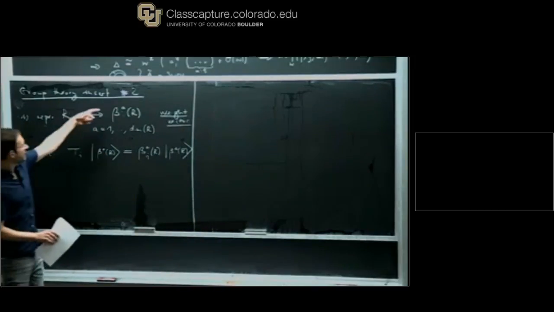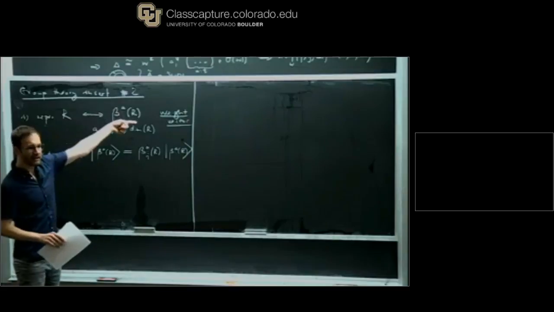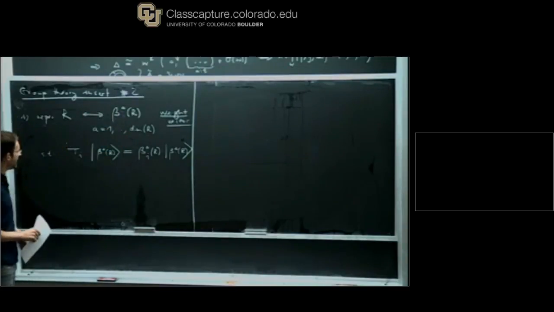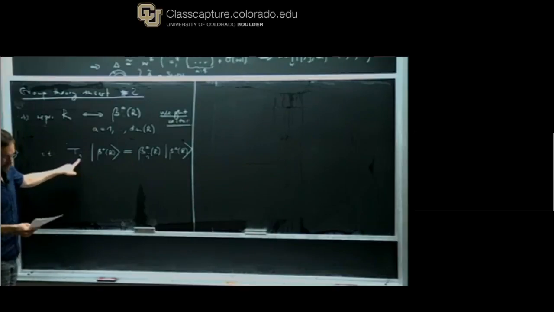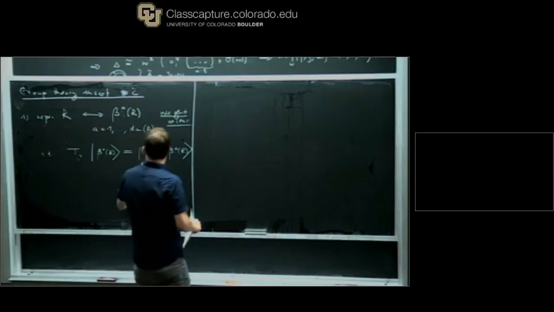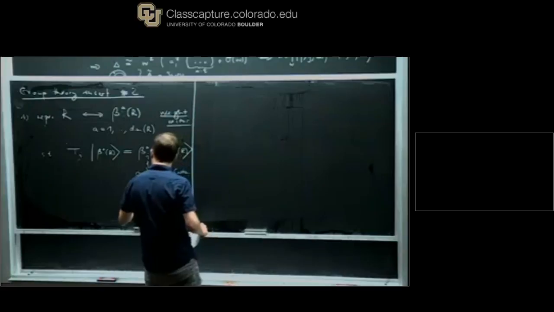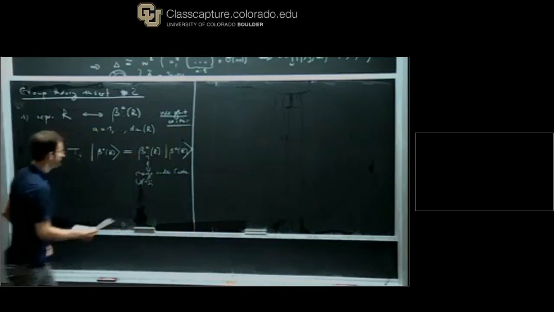So the weight vector contains, for each of the dim R many states in that representation, the charges under the Cartan U(1)_i.